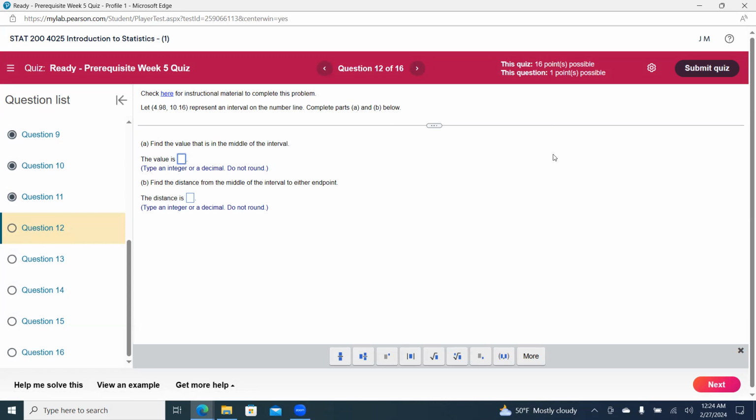Add them, divide by 2, we get the middle. Find the distance from the middle of the interval to either point. That's the 10.16 minus the middle.